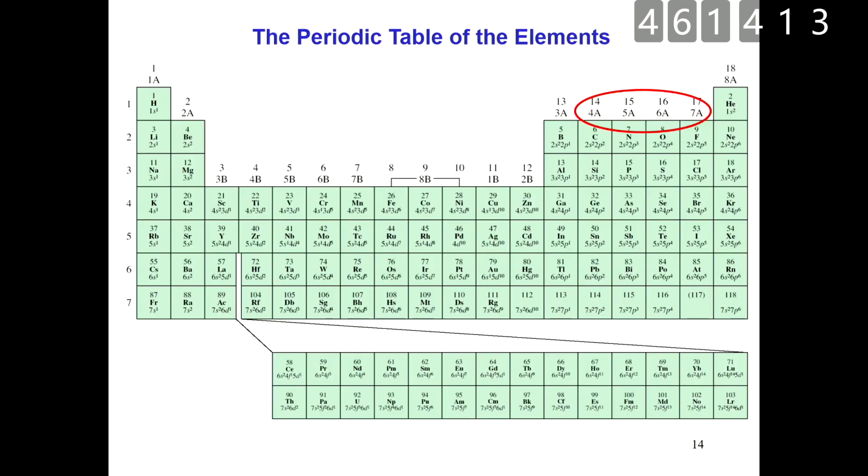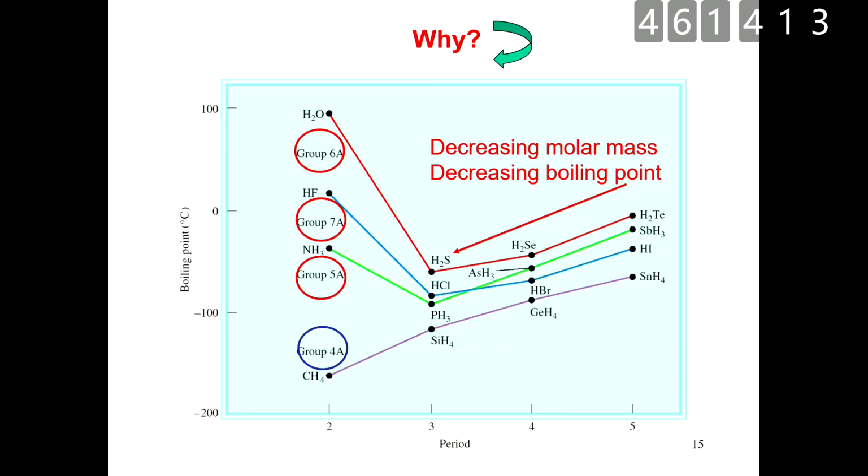Because they have strong hydrogen bonds between the molecules, they show a higher boiling point, because the hydrogen bond is much stronger than the dispersion forces. Okay, so they still have a higher boiling point.